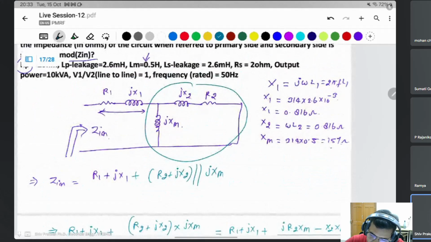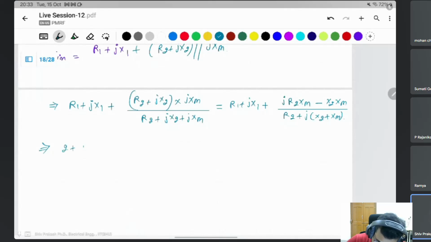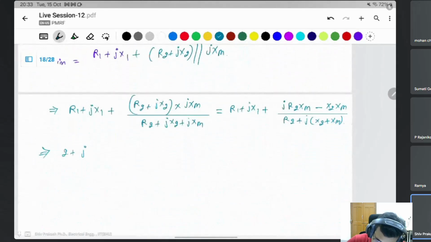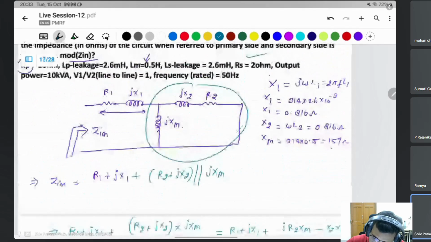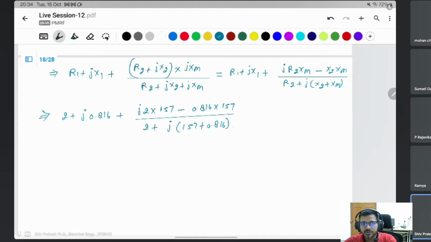R1 is RP, 2 ohm, R2 also 2 ohm. 2 plus jX1, X1 is 0.816, plus jR2 which is 2 into XM which is 157, minus X2 0.816 into XM 157, divided by R2 which is 2 plus j of 157 plus X2. You have to solve this one.